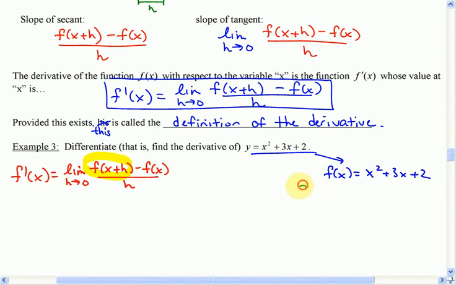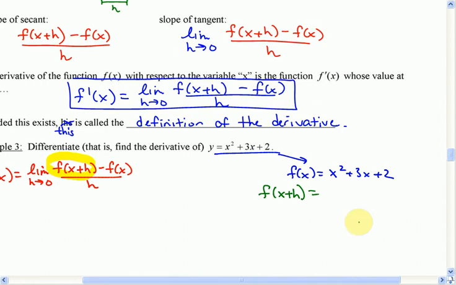What's f of x plus h if the formula for f of x is the thing I wrote down in blue? Remember, this is function notation, so wherever you see x, you replace it with what's inside the brackets: just the x plus h.